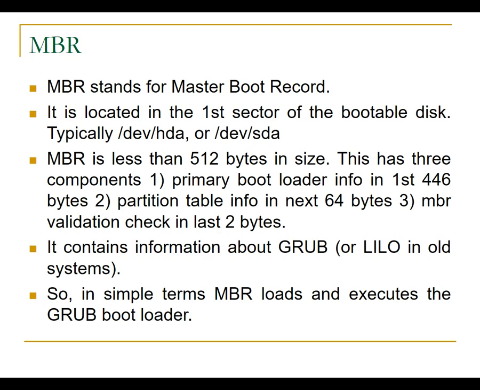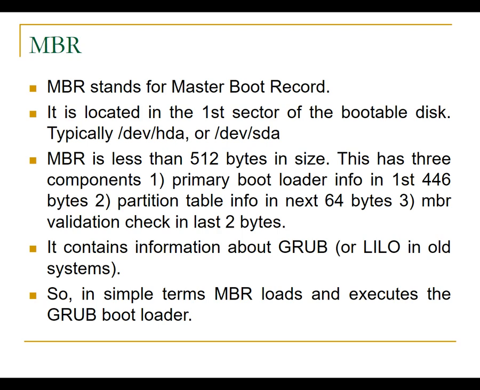The size of MBR is less than 512 bytes. Here I am talking about the space occupied by MBR for storing the necessary information. So MBR takes less than 512 bytes in the system for storing its information.